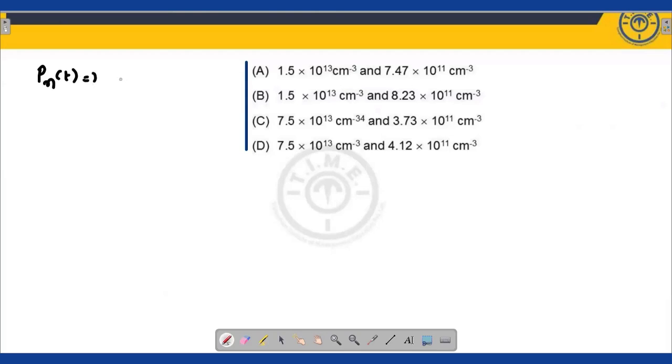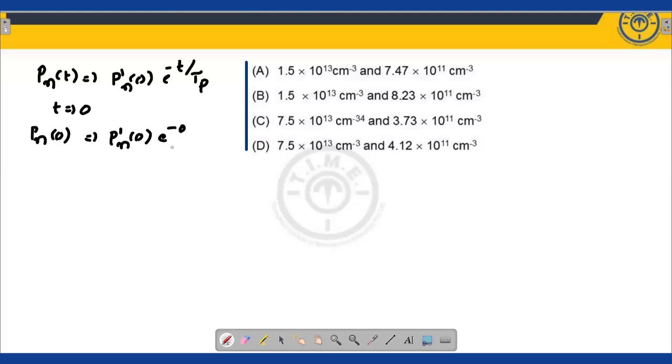Because the second term is neglected, it becomes this value, e power minus 0. So whatever value you are getting is the same. So Pn dash of 0, you already got this value.